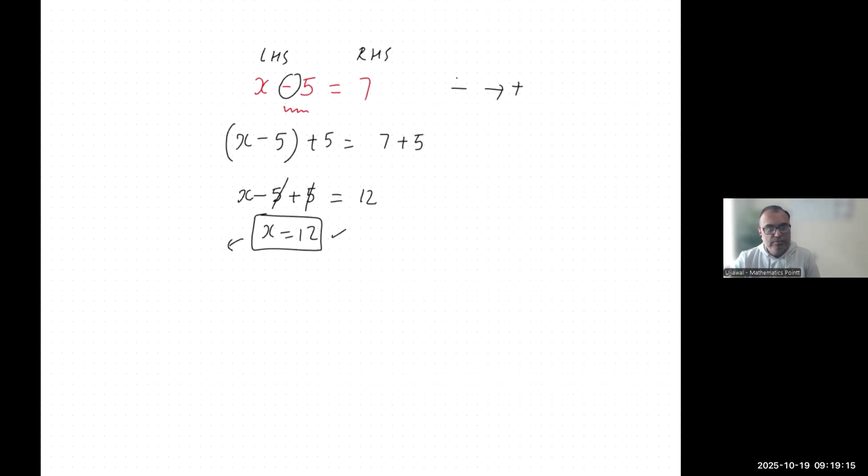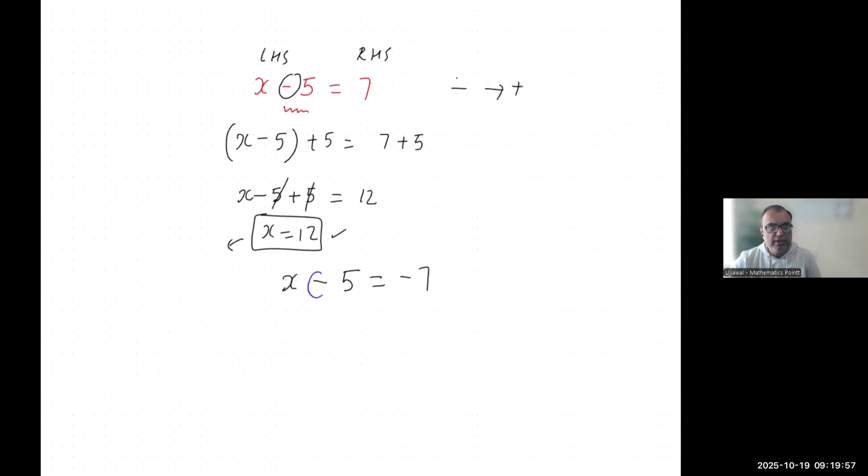Can I ask you now to solve this equation? x minus 5 equals negative 7. Go for it. Good. So what we've done here is that we had a negative operation.